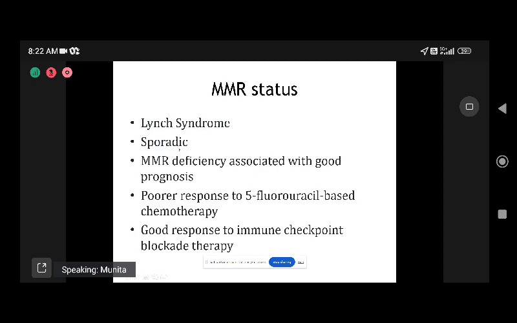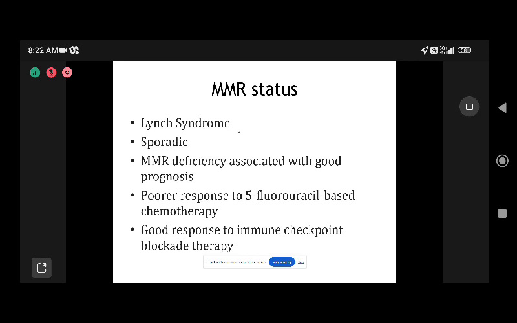Traditionally it has been used for detecting Lynch syndrome, but even in the sporadic, non-germline setting, about 12 to 15% of tumors will be MMR deficient, also called MSI high tumors. These tumors are inherently associated with good prognosis. They have an indolent behavior, but they have a poor response to 5-fluorouracil-based chemotherapy.